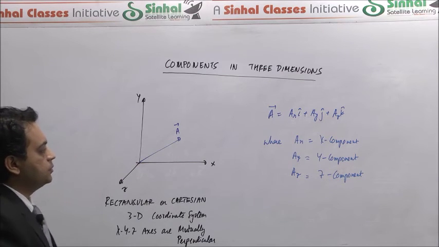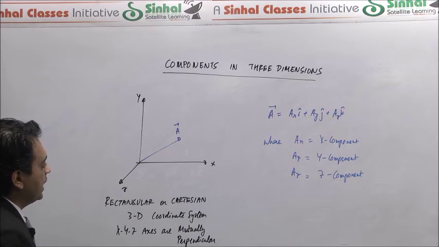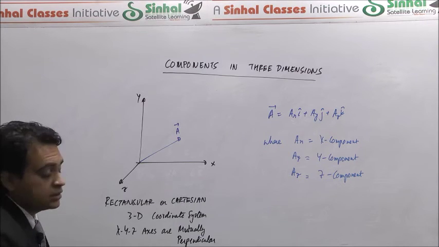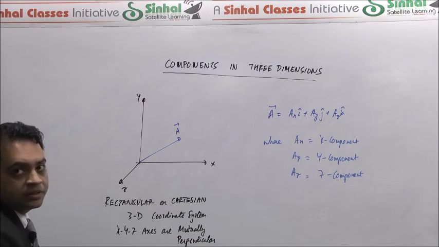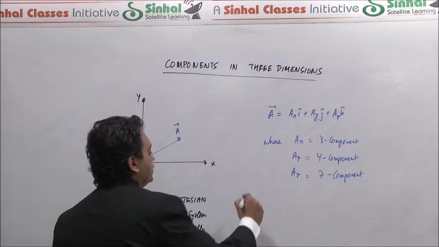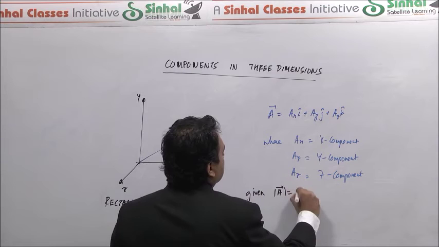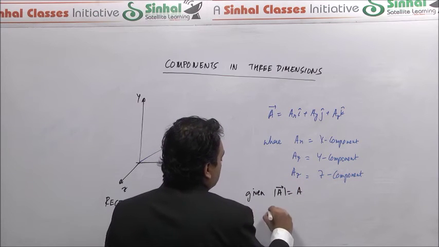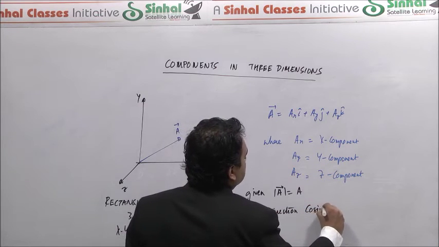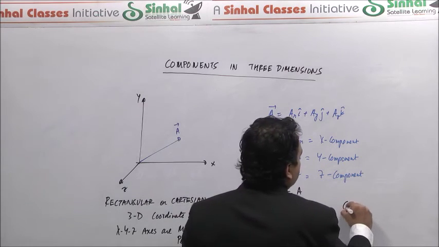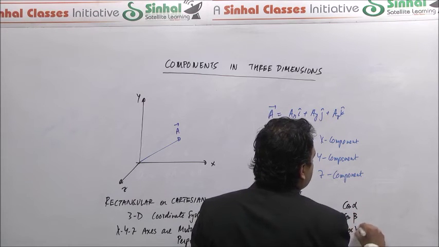The idea is, once again, if we know the vector A's magnitude and we know the angles it makes with the x, y and z axis, then we can find AX, AY and AZ. So the first thing is that given the magnitude of vector A and something called direction cosines, cos alpha, cos beta and cos gamma.